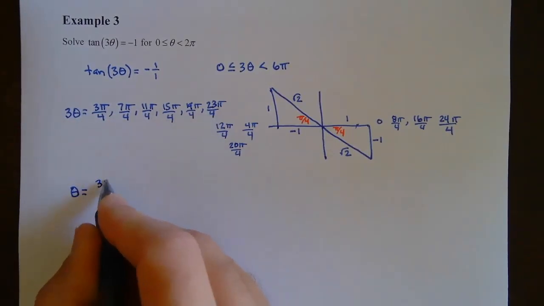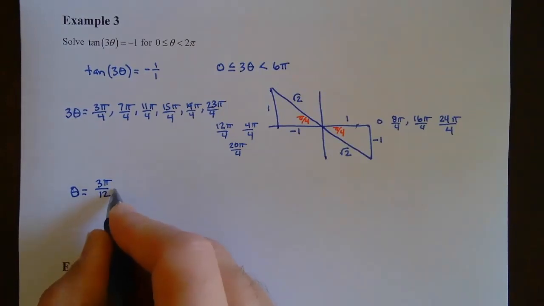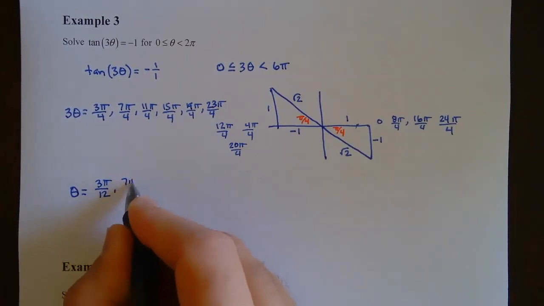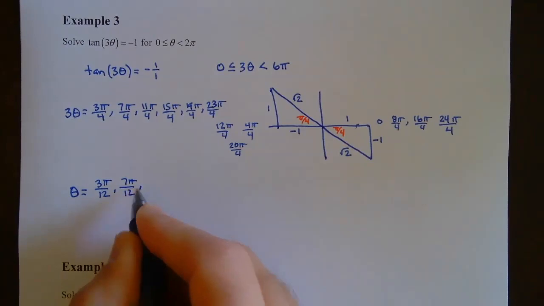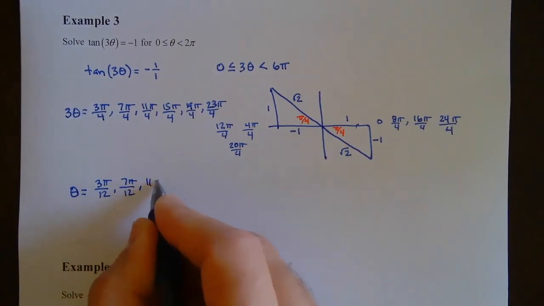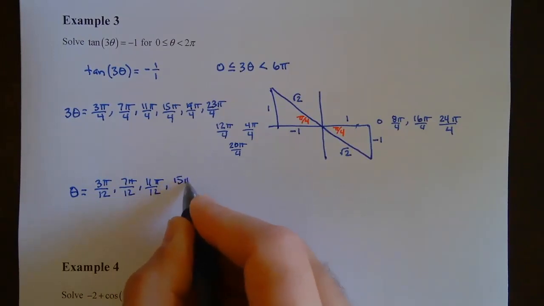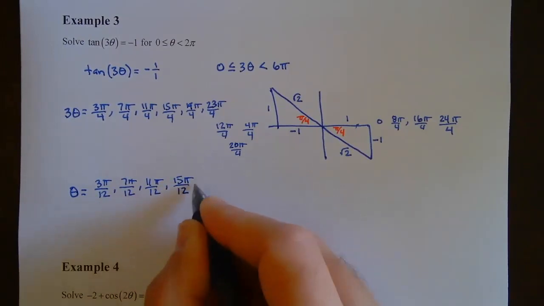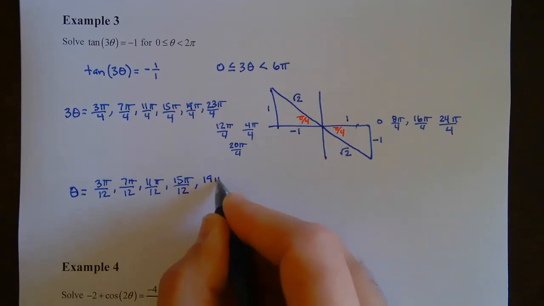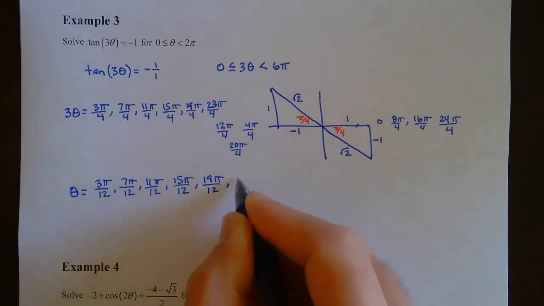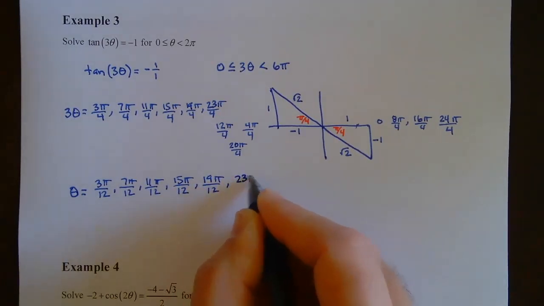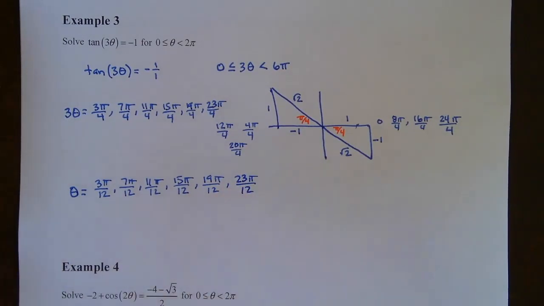So that would give me 3 pi over 12, 7 pi over 12, 11 pi over 12, 15 pi over 12, 19 pi over 12, and 23 pi over 12.